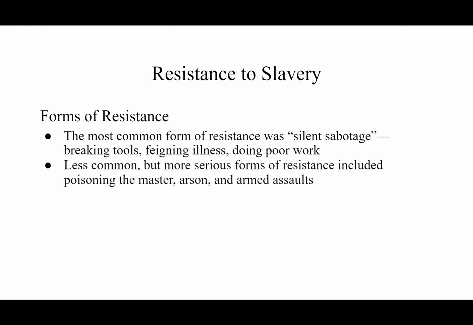Some less common but more serious forms of resistance would be trying to poison a master, arson, so where they would set a barn on fire or fields on fire or maybe the master's house on fire. And then less common would be armed assaults, where slaves would actually try to arm themselves and revolt against their slave masters.